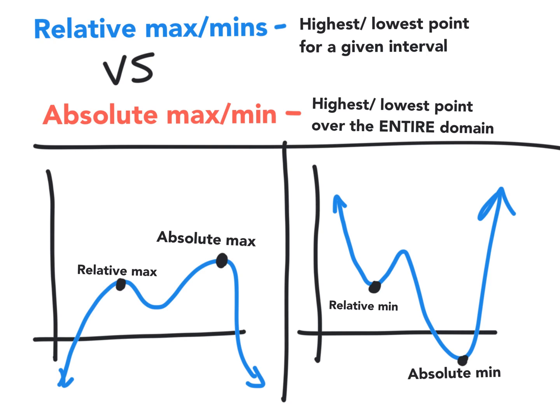Minimums work the exact same way. This would be a relative minimum at this extremum and an absolute minimum at this extremum. From a graph, you should be able to pick out points and say which type of extremum they are. All right, now let's move on to average rates of change.